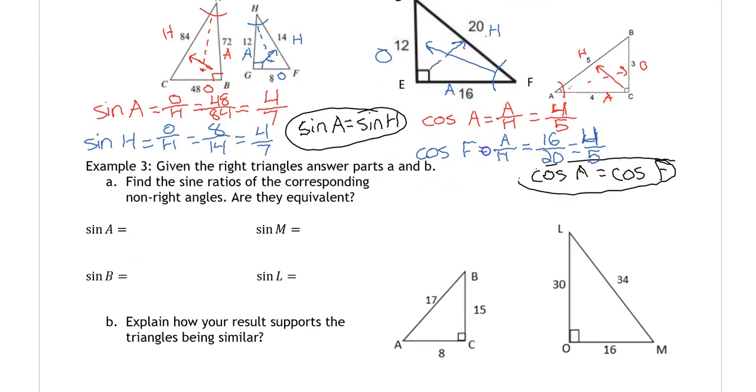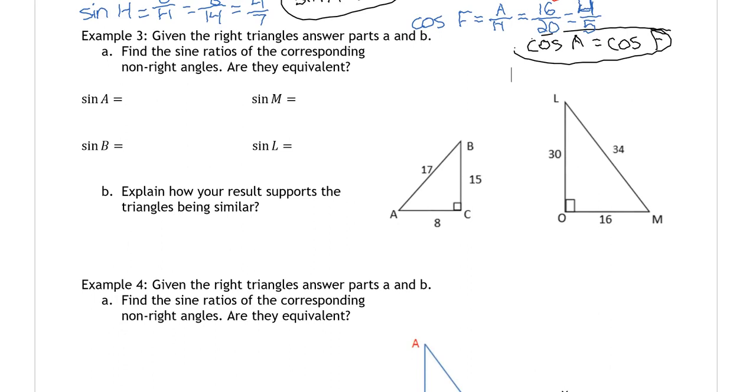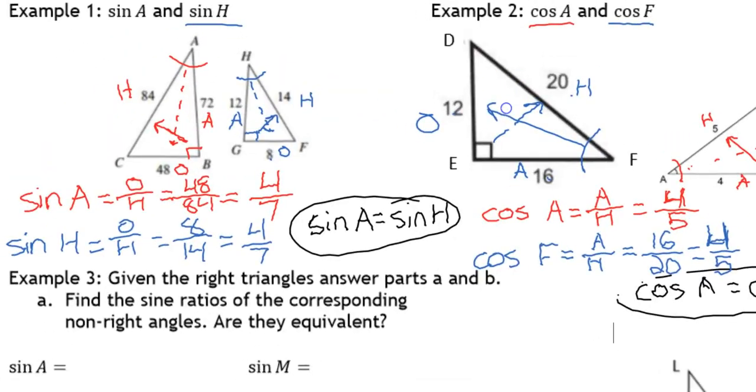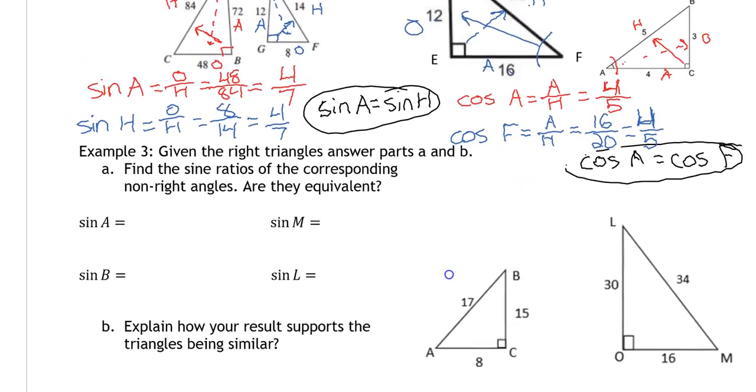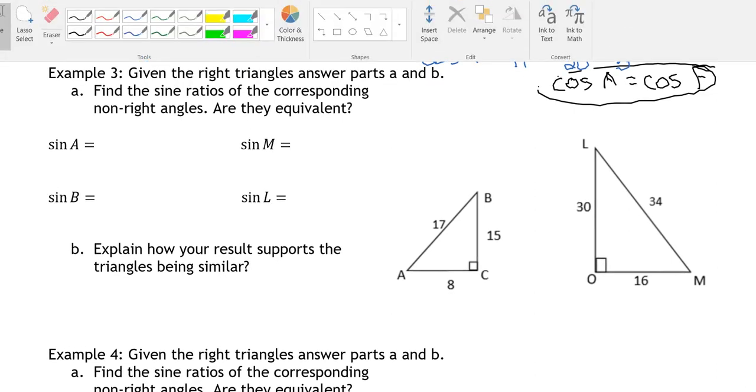All right, let's look at example 3. Given the right triangles, answer parts A and B. So A, find the sine ratios of the corresponding non-right angles. Okay.